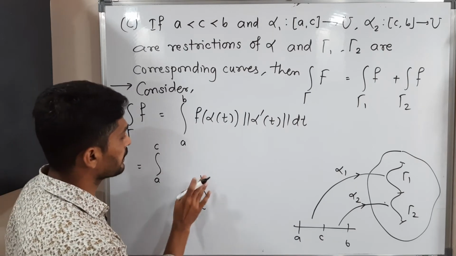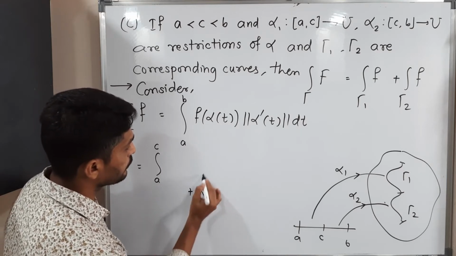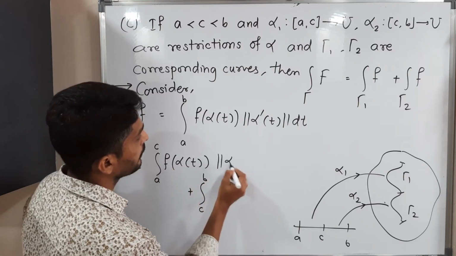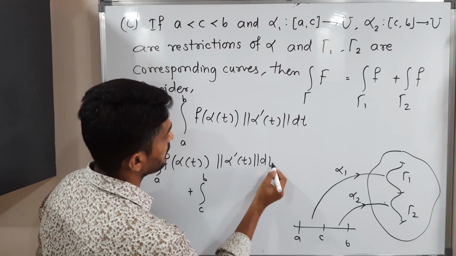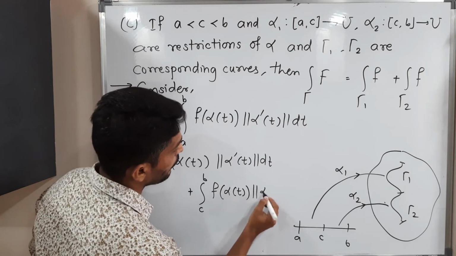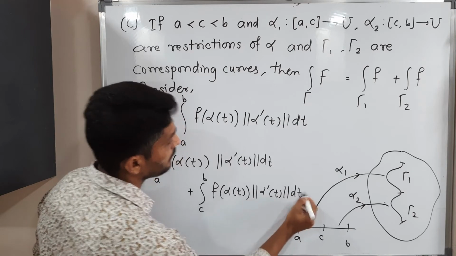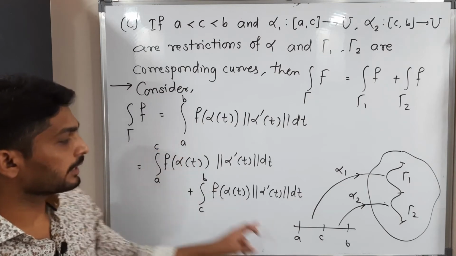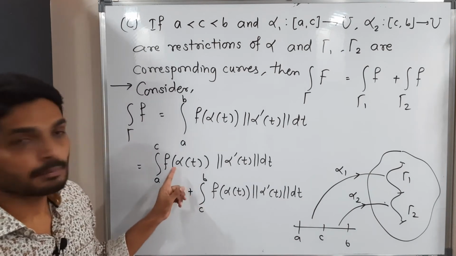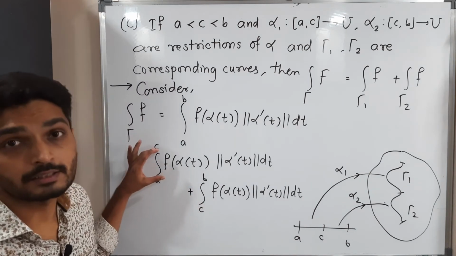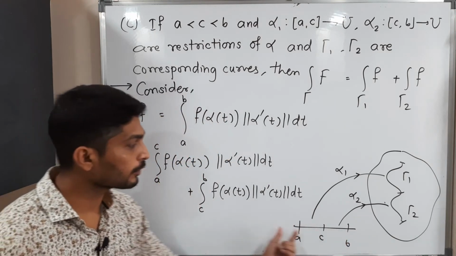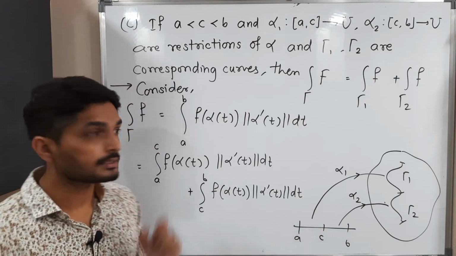So the same thing I am going to write here: the integration from c to b of f of alpha of t times the norm of alpha dash of t dt. Here also I should write the same. Simply, this interval [a, b] I split in two parts, a to c and c to b. But see, this time alpha is defined actually on the closed interval [a, b], but for this integral it is defined only on the closed interval [a, c], since those are the limits.